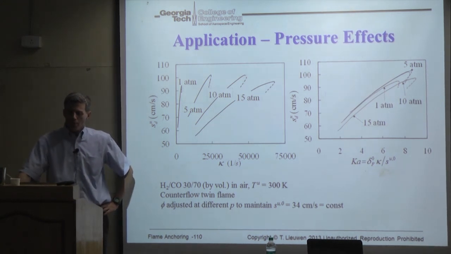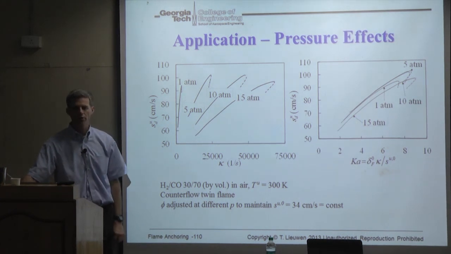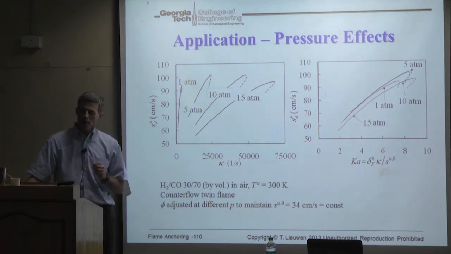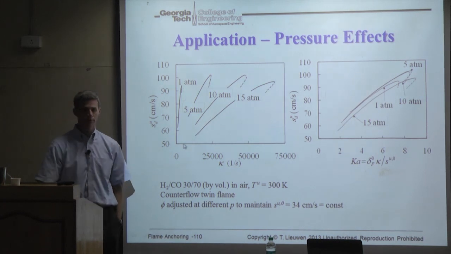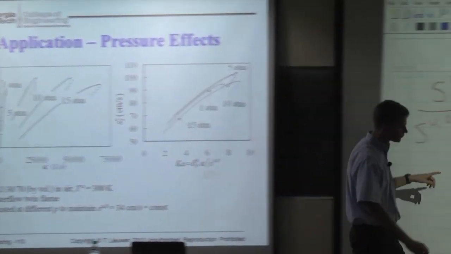Well, what happens to a premixed flame as you go up in pressure? What happens to the structure? Yes? Yeah, it gets thinner. That's probably the main effect, right? It's thinner.